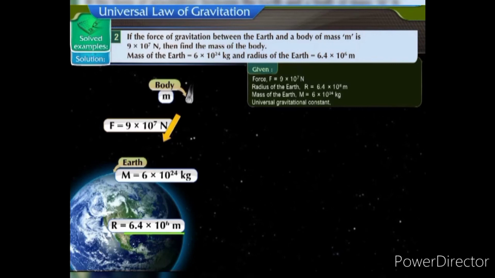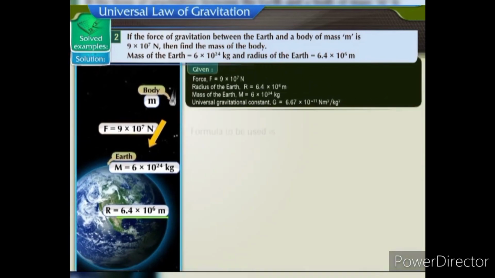Universal gravitational constant, G, is equal to 6.67 into 10 raised to minus 11 Newton meter square per kg square. Formula to be used is F is equal to G into capital M small m upon R square.